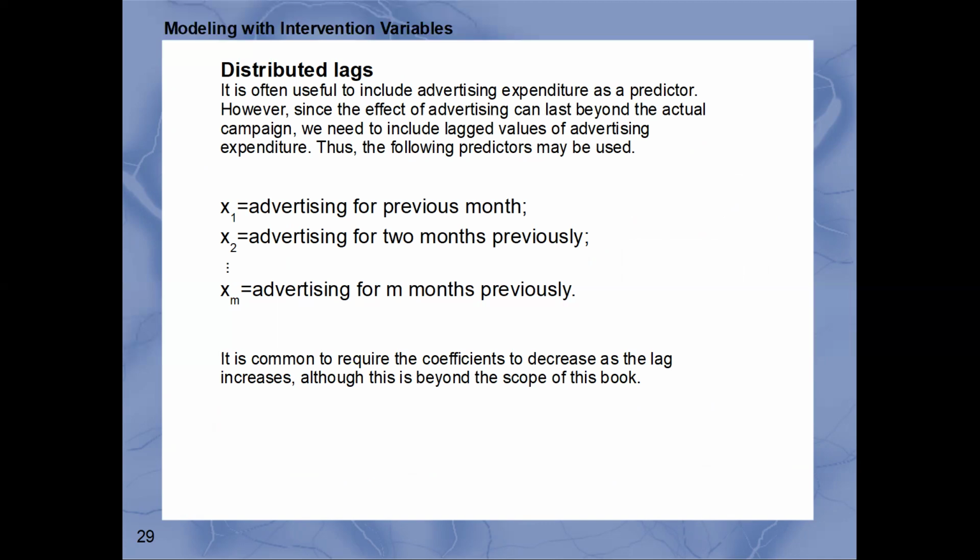So we can include lag values of advertising expenditures, and thus the following predictors could be used. X1 could be advertising for the previous month, X2 advertising for 2 months previous, and XM advertising for M months previous.